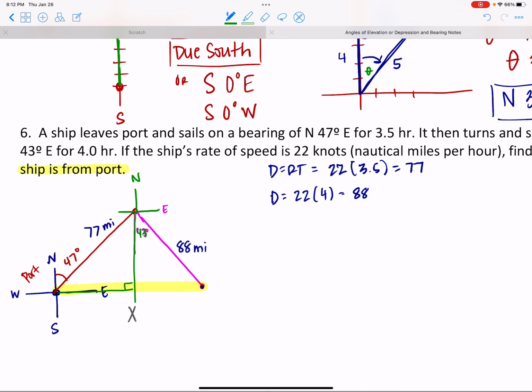So this is another right angle over here. If I have 47 degrees here, that means I have 43 degrees in here. And if that 43 and that 90 are subtracted from 180, there has to be 47 degrees in here. If that's 47 and that's 43, that means this is another 90-degree angle. So what we have for ourselves is a right triangle.